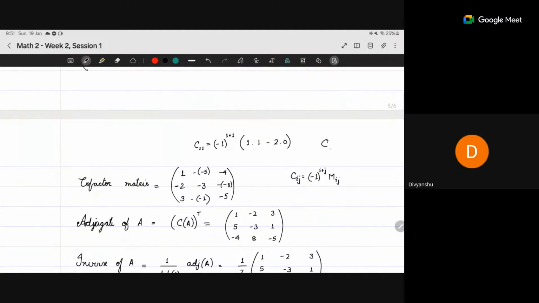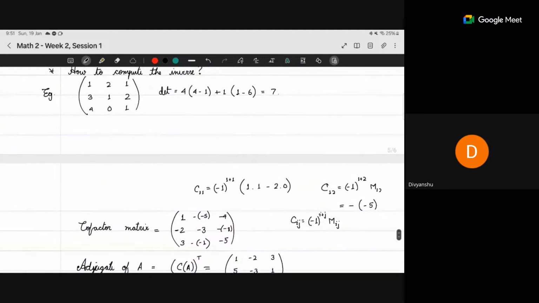So C12 is -1 to the power 1 plus 2 times M12, which is minus of M12, and M12 is minus 5. So this is 5 because it is minus of minus. I'm just writing minus of minus 5 to make it clear that the minor is actually minus 5, and then you have to multiply by the appropriate sign, which is a minus, which gives you a plus 5.